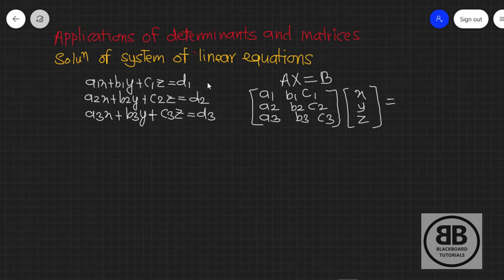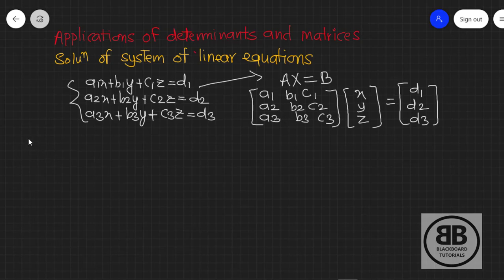The constants are D1, D2 and D3. If you multiply these two matrices, you will get the LHS, which is equal to D1, D2, D3, your right hand side. Now we are going to find the solution of this system by using determinants and matrices. So this system is written in the form Ax = B.